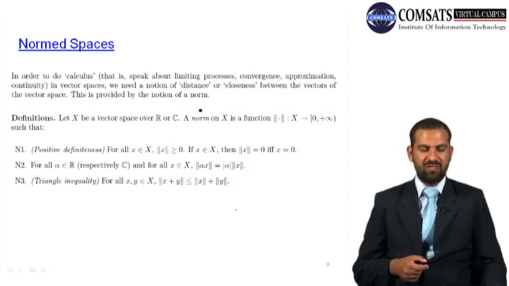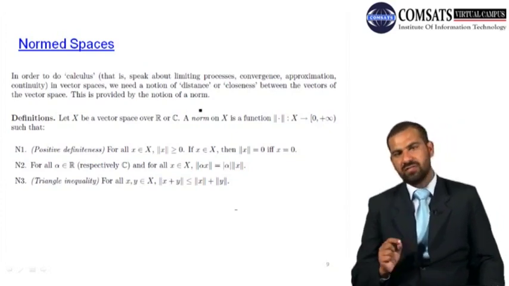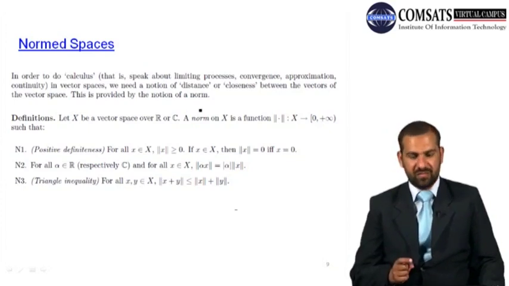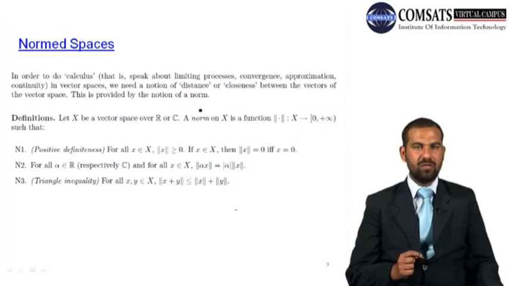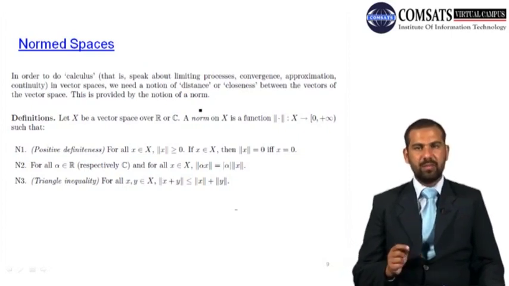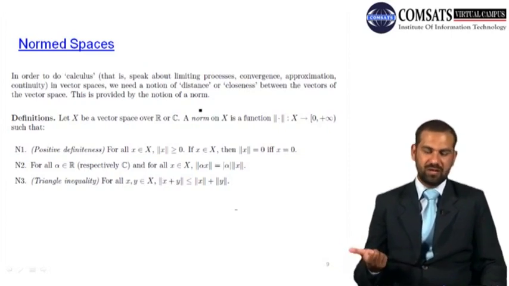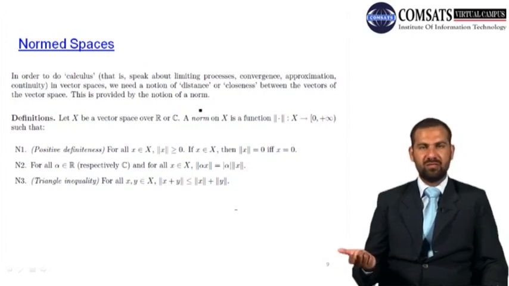What properties? The first property is positive definiteness, meaning for all elements of X, the norm of x must be non-negative, and if the norm of x equals 0, then this element must be 0. This vector is equal to 0 if its norm is 0, and if the norm is 0, then the vector equals 0.